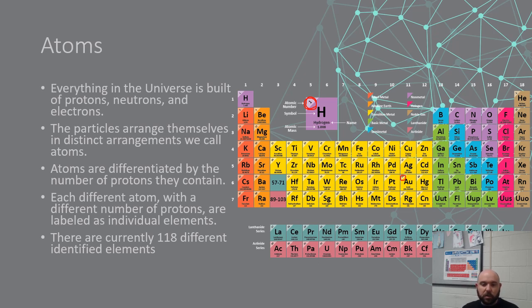There are currently 118 different identified elements, so we've been able to isolate and study and identify atoms that have anywhere from 1 to 118 protons. As they get bigger and bigger, they get more unstable and tend to fall apart.